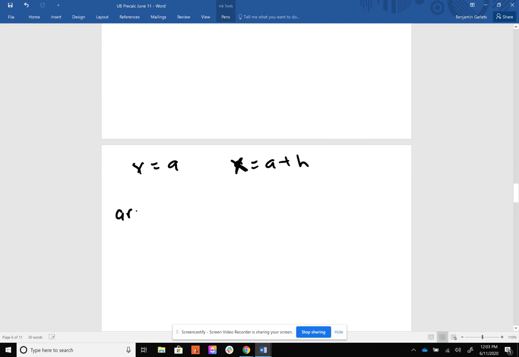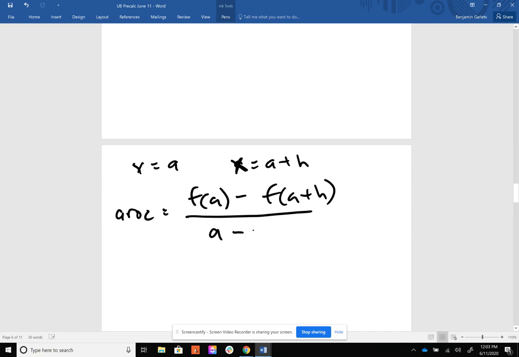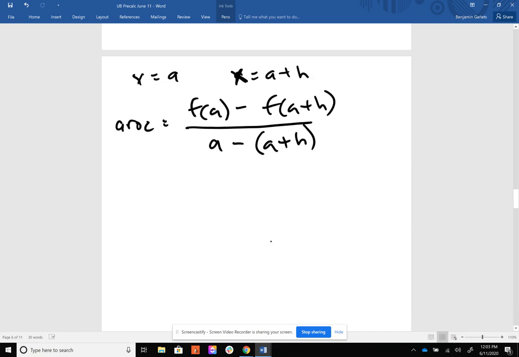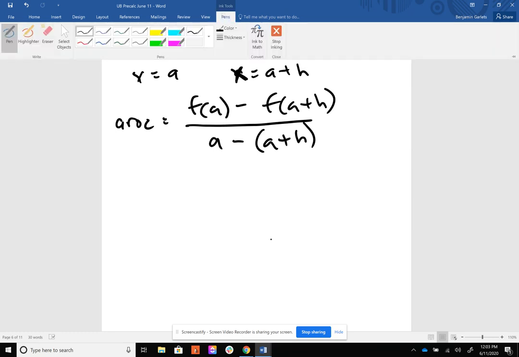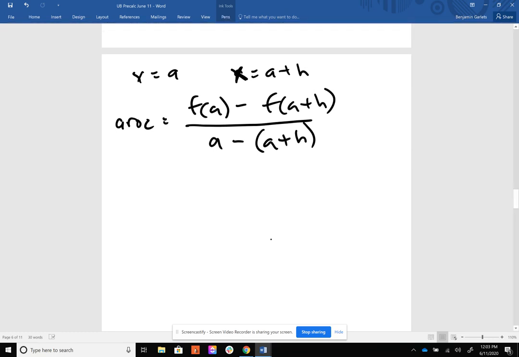All right, so the average rate of change is going to be f of a minus f of a plus h, all over a minus the quantity a plus h. All right, so we can do the combining like terms thing in a second, but let's find out what f of a is.